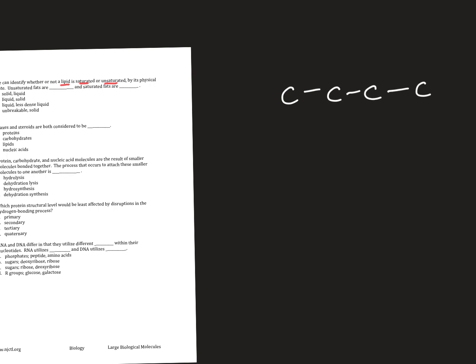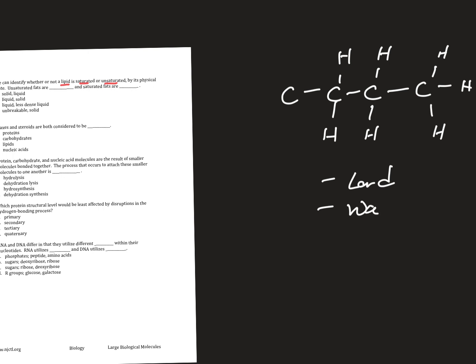It's a bunch of carbons and hydrogens bonded together in a chain. We call that a fat. Some examples of fats are lard, wax, oils. They're all different kinds of lipids. Steroids.